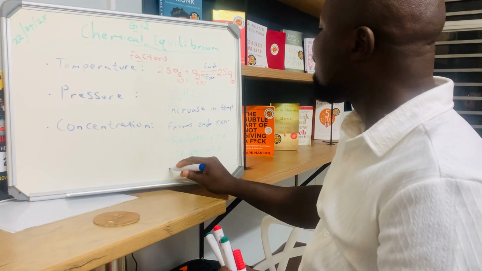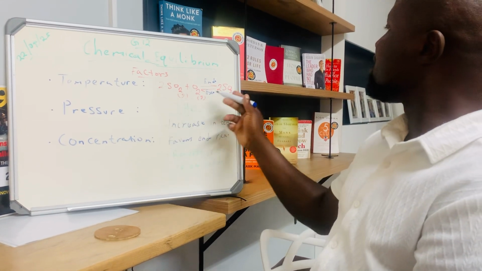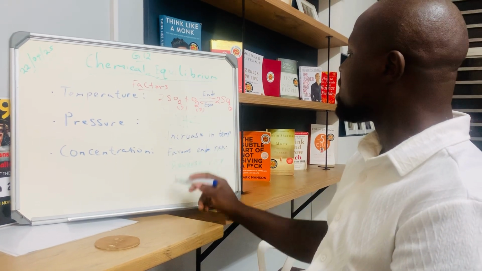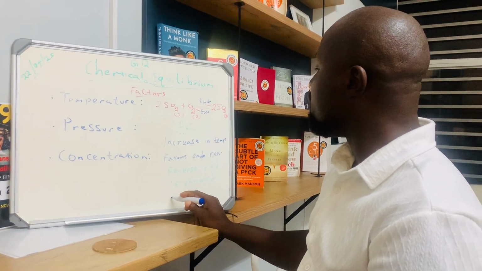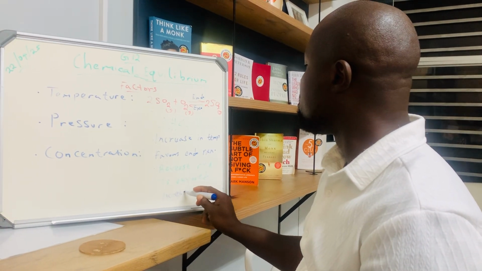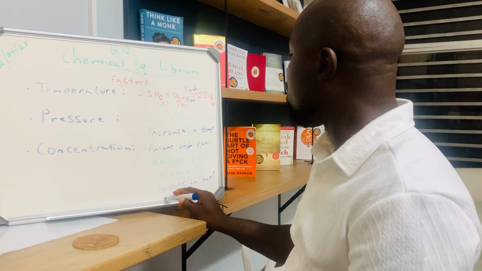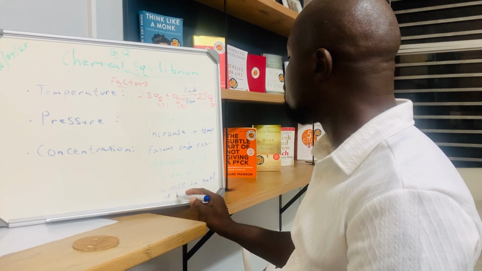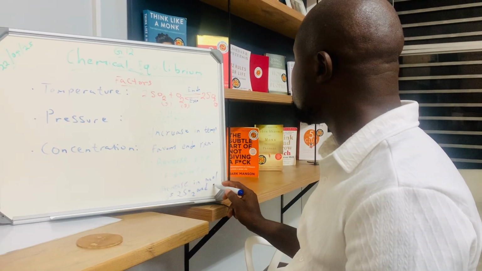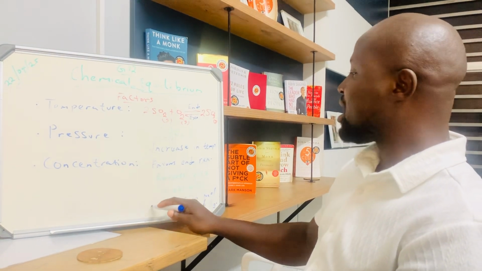There will be an increase in 2SO2, because this becomes a reactant for the reverse reaction and this becomes the product, which means there will be an increase in moles or in volume of 2SO2 and O2. That is temperature as a factor. That is what will happen.